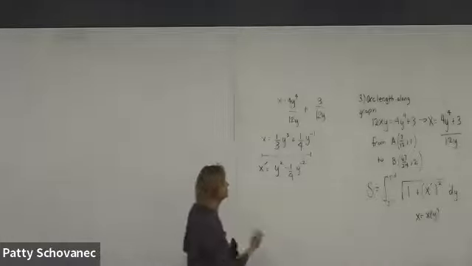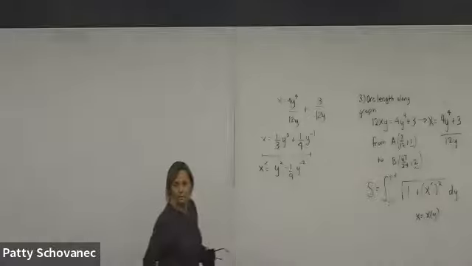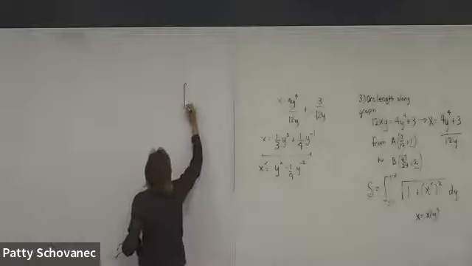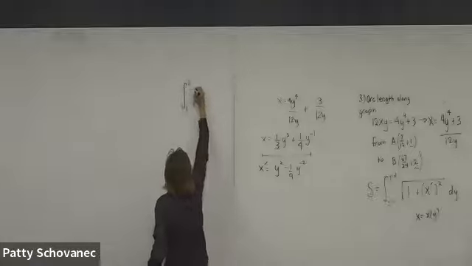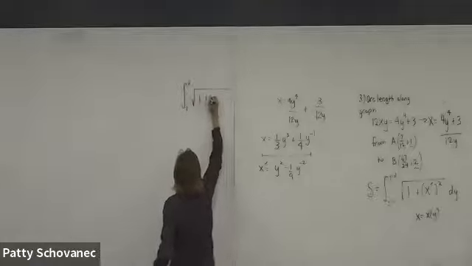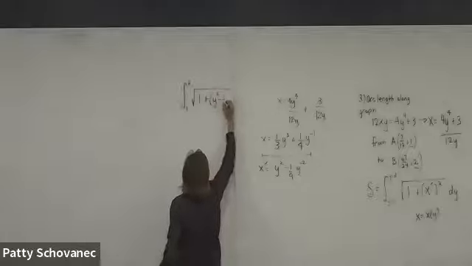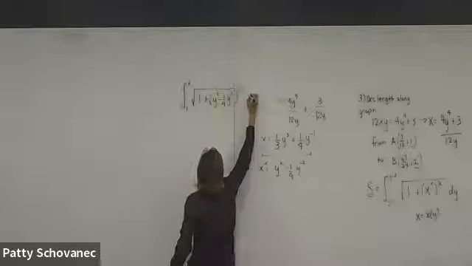And we can integrate from y equals 1 to y equals 2. 1 plus x prime, y squared minus 1/4 y to the negative 2, squared, dy.